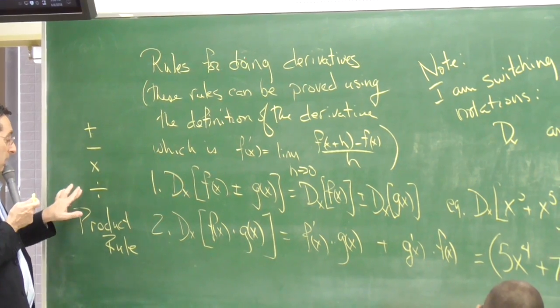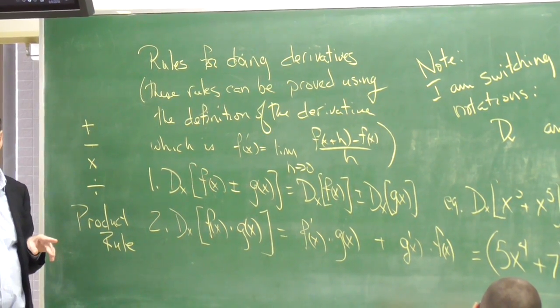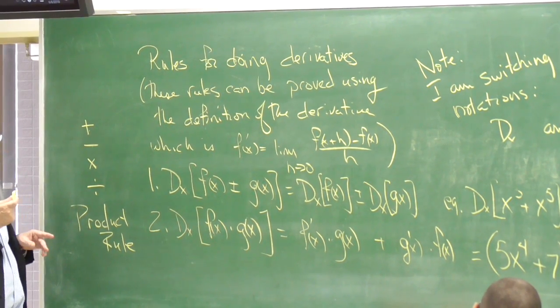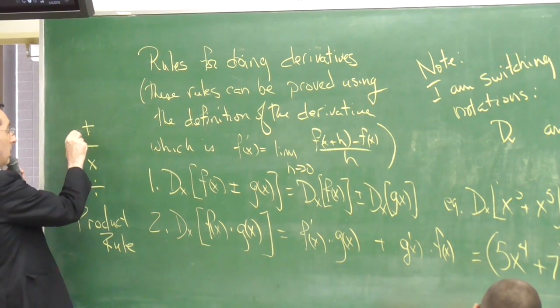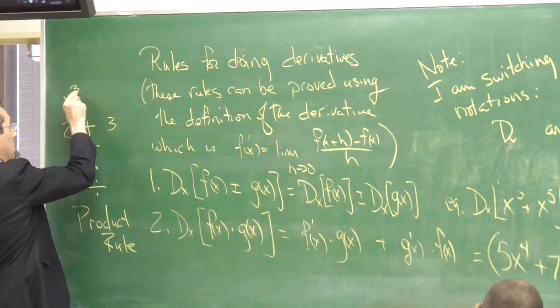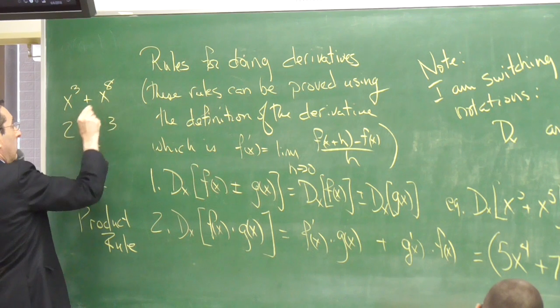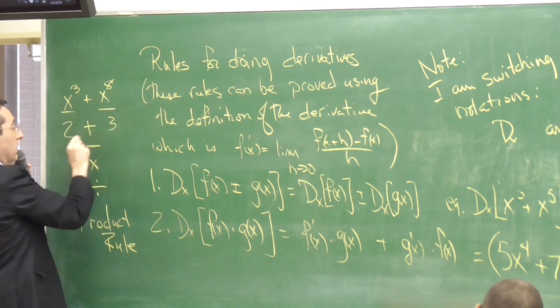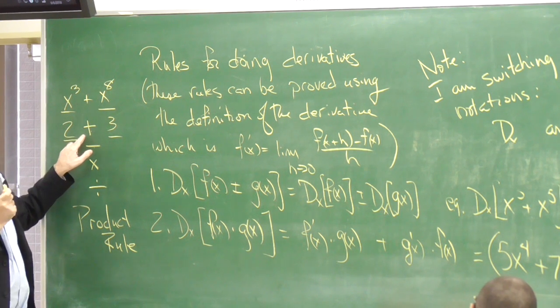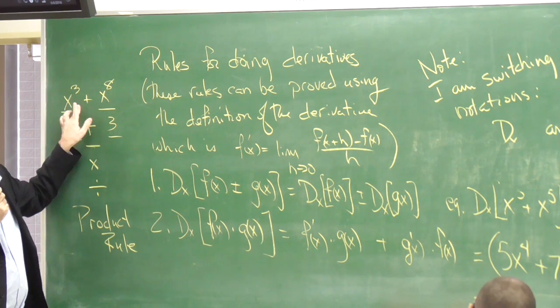Plus, minus, times, and division. But when we have functions, we have another operation. So, I can talk about 2 plus 3, but I can also talk about x cubed plus x to the 8. So this is adding two functions, this is adding two numbers. So, there's an analogy between adding numbers and adding functions.